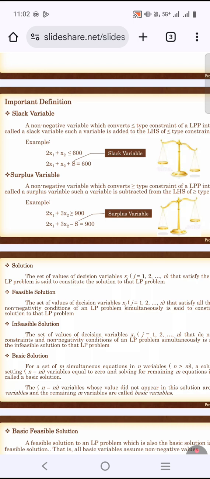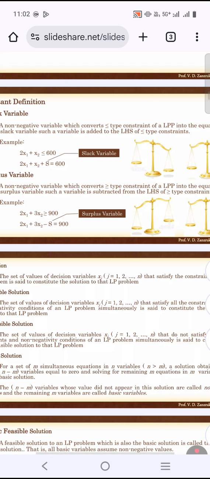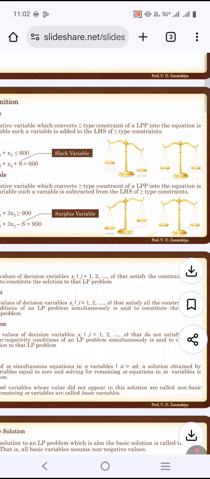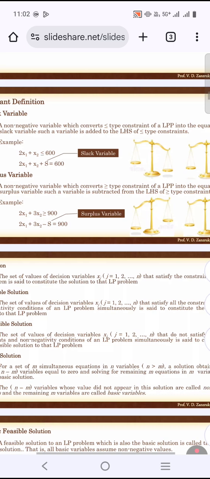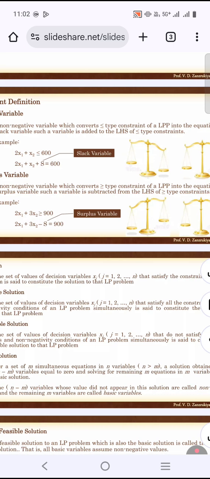A slack variable is a non-negative variable which converts a less than type constraint of a linear programming problem into an equation. Such a variable is added to the left hand side of the less than type constraint.